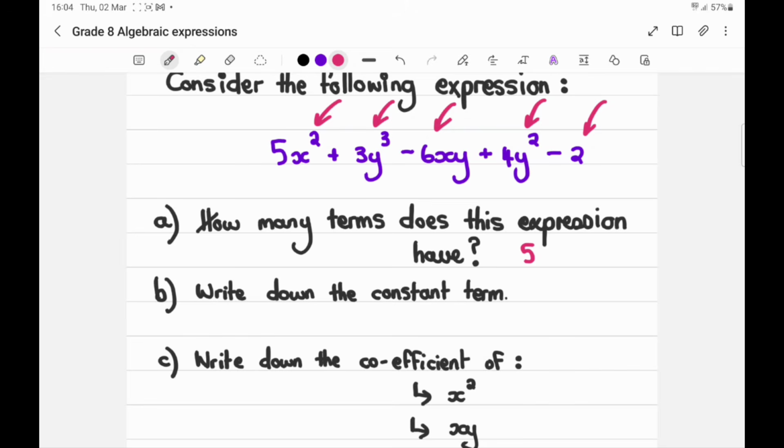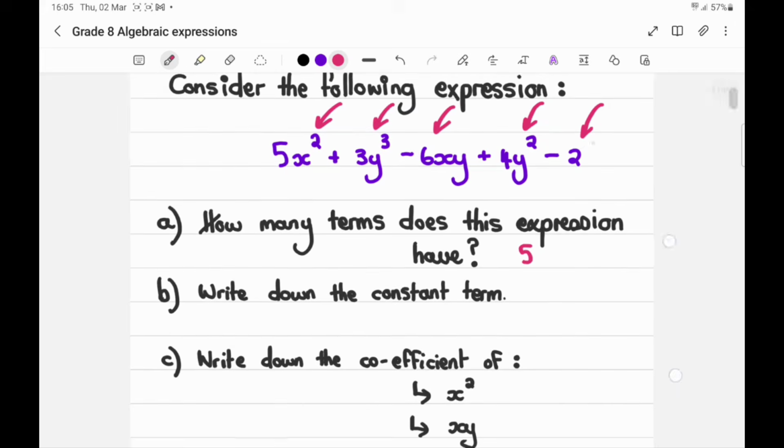So there's no x or y attached to the number. So hopefully you could spot this -2 over there. So please remember the sign goes with that term. So if it was a +2, you would say +2, or just a 2. And if it was a -2 like this, you will have to include the negative, otherwise it will be wrong.